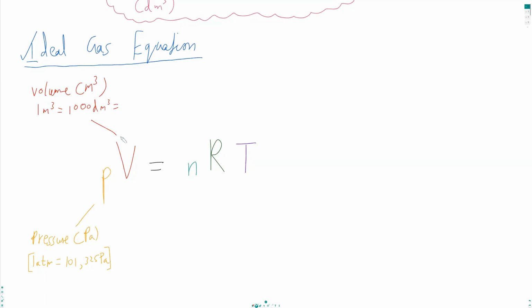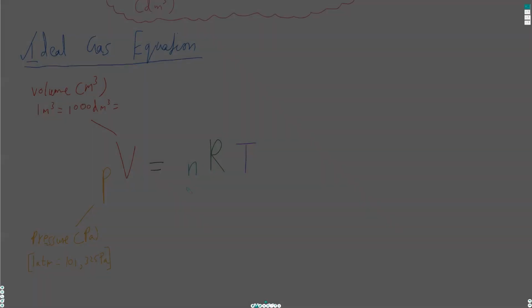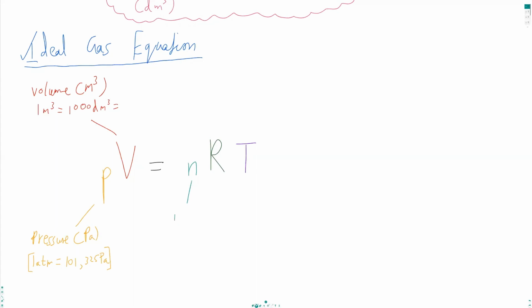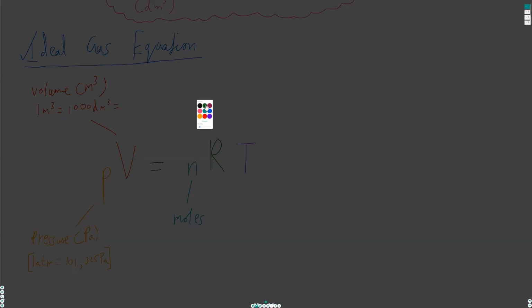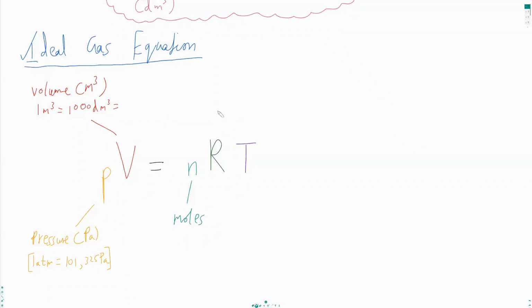N is the number of moles. R is what we call the gas constant.